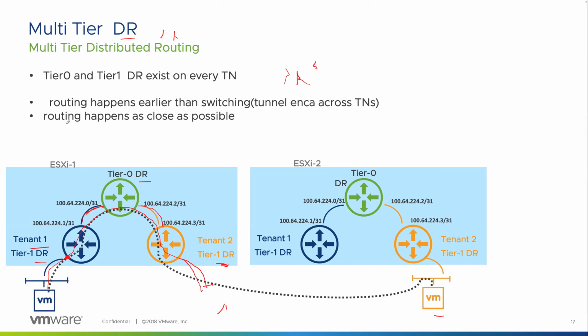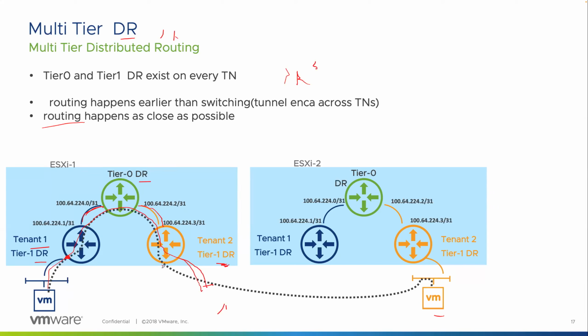Remember I told you the rule of thumb: when the packet is sent out, it goes through the different DR routing functions, and routing always happens earlier than switching.